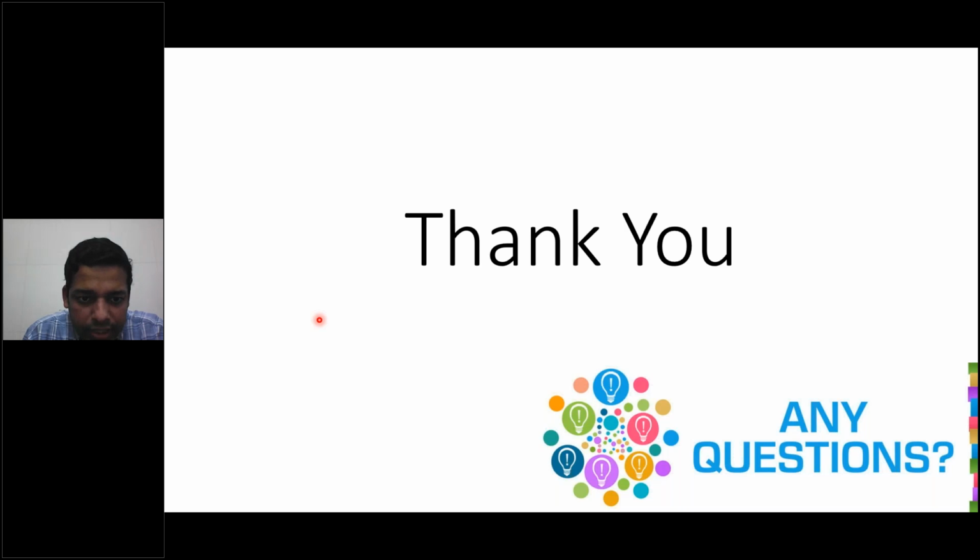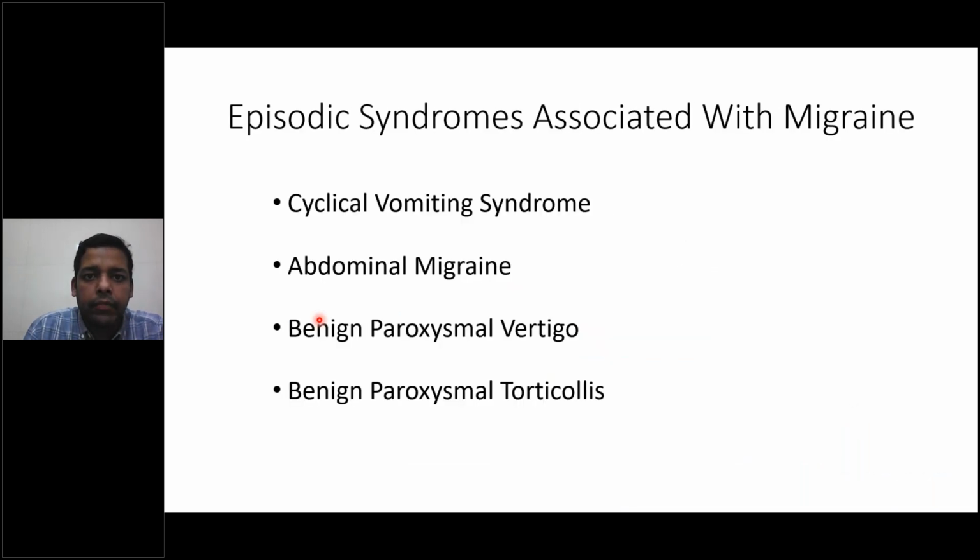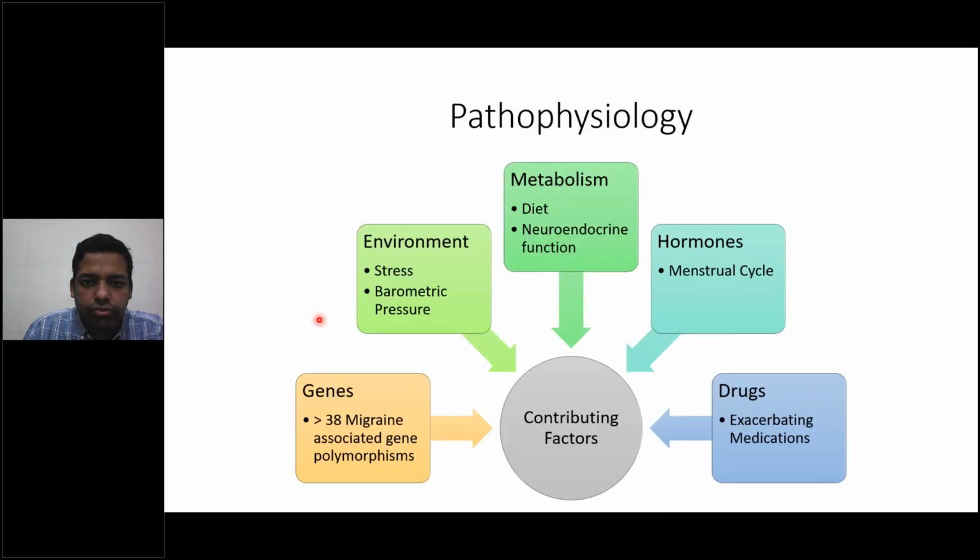Well, migraine pathophysiology, yes, I can quickly go through that again. As far as understanding the pathophysiology of migraine is concerned, firstly, we need to know that there are triggers or risk factors, maybe genetic, environmental, metabolic, hormones, or drugs.